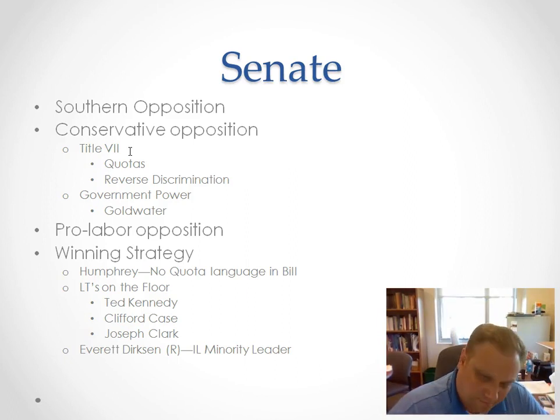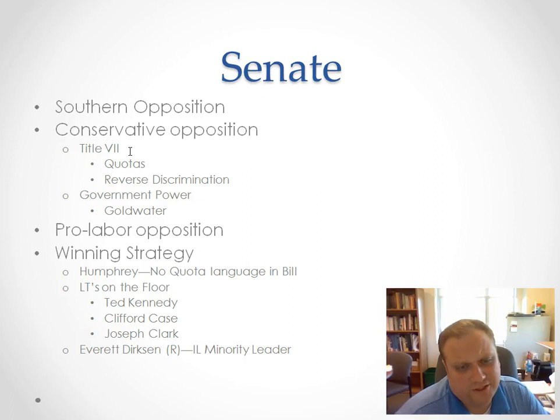Title VII created the Equal Employment Opportunity Commission, but it had a number of people concerned that this commission, as a way of preventing discrimination, would enforce companies or schools to basically make racial quotas for hiring or admissions to schools.